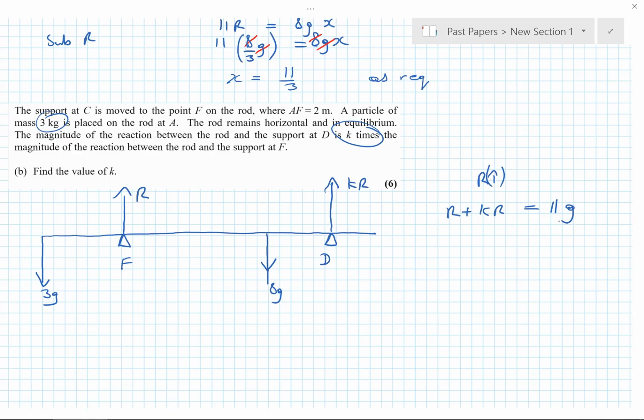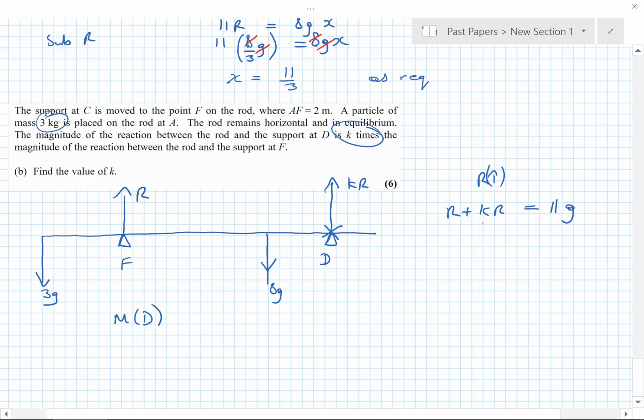But then we want to take a moments equation. Now, there's various options. Because I've got a k in this equation here, I don't really want a k in my moments equation, so I'm going to take moments about D. It's not that it's impossible to take moments about anywhere else, but that just takes out the k in this equation, which probably makes life a bit easier.